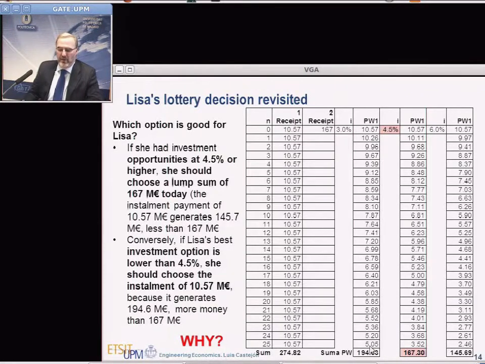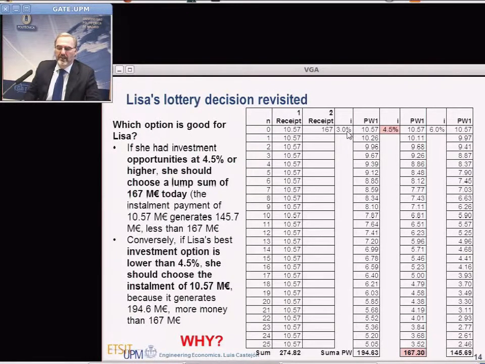The present value of this amount is 5 euros, less than 50%. So that's the effect of investment. We are using several interest rates because we are going to find the interest rate that makes all the payments equal.